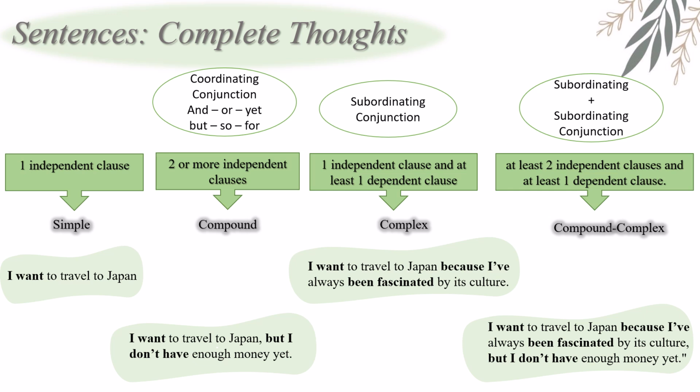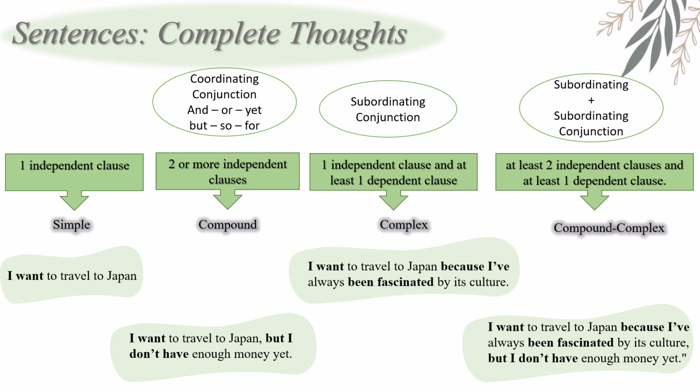However, if your sentence consists of two or more independent clauses, then we would call it a compound sentence. For example, I want to travel to Japan, first independent clause, but I don't have enough money yet, my second independent clause.